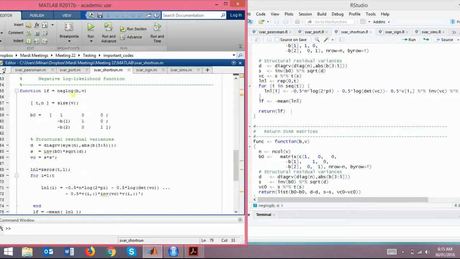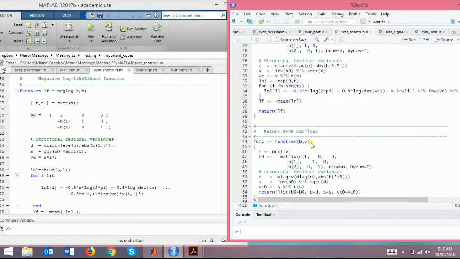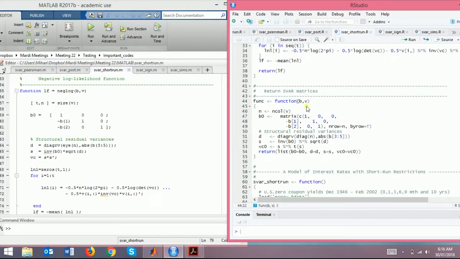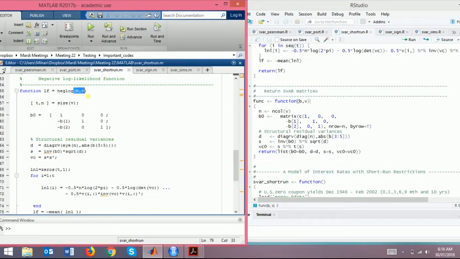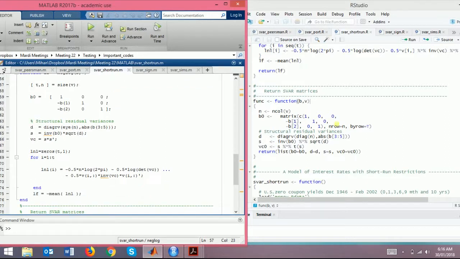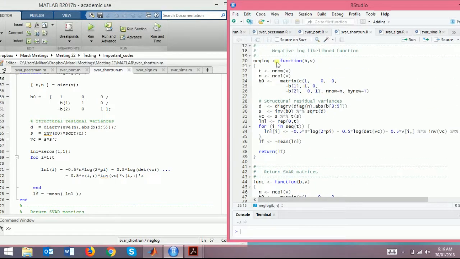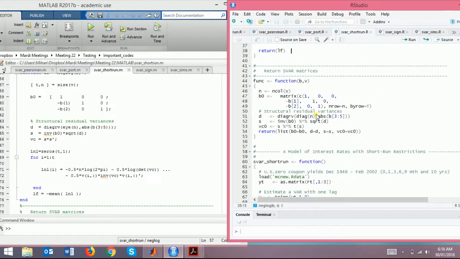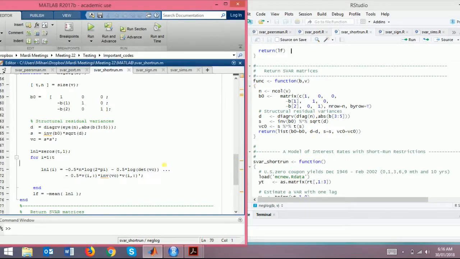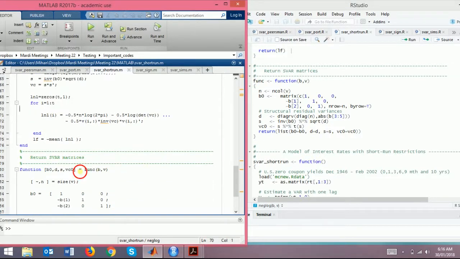Now what are the outputs here? These are the inputs, b and v, and this one is returning the log likelihood function. This on the other hand returns, these are the outputs, beta naught, ds, vc naught with b and v.